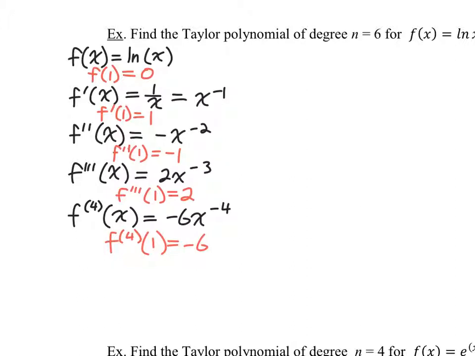So for computational reasons, we go with the Taylor polynomial centered at 1. Sometimes you decide on what you want it to be centered around just for the sake of convenience.